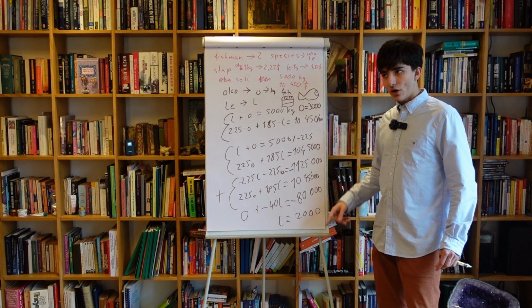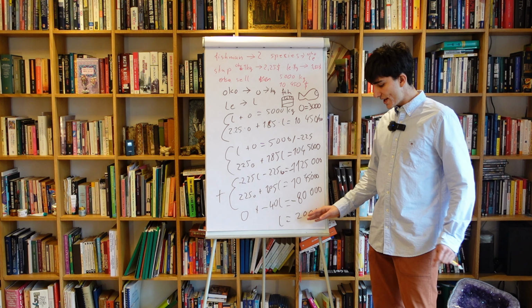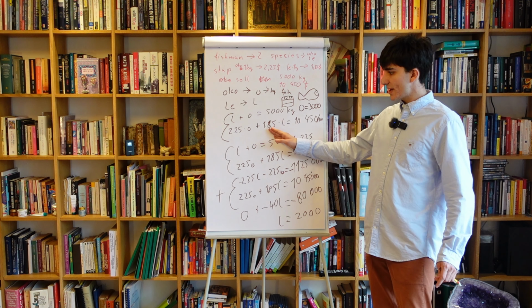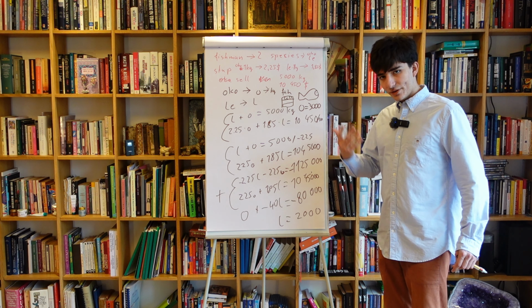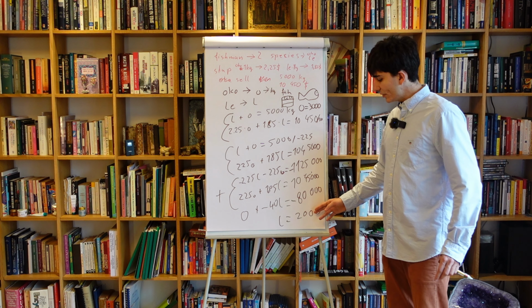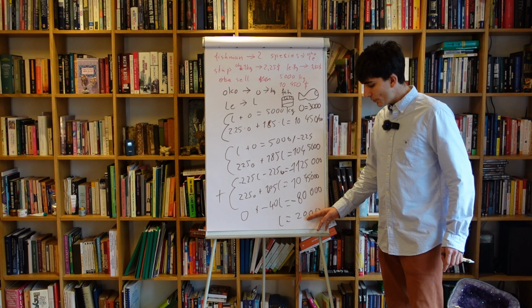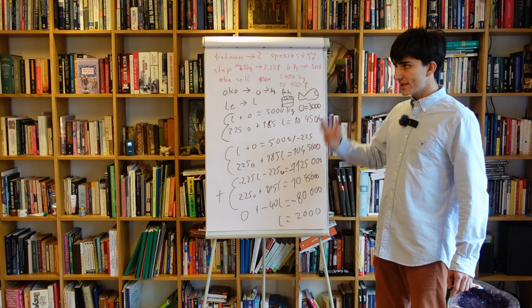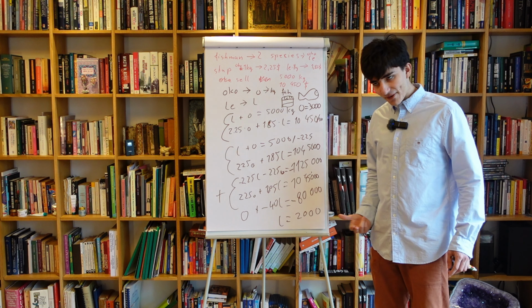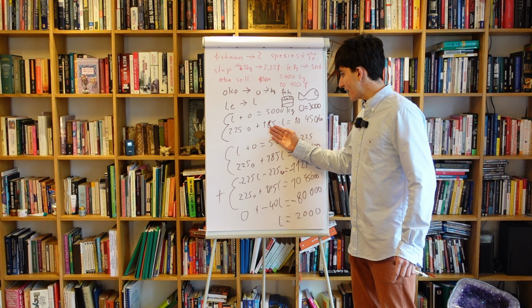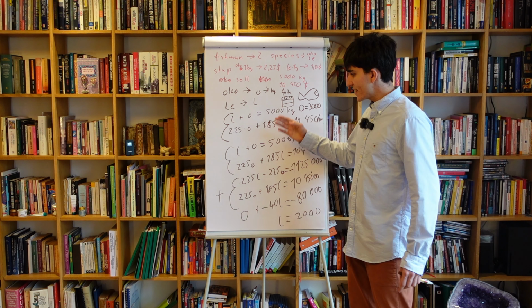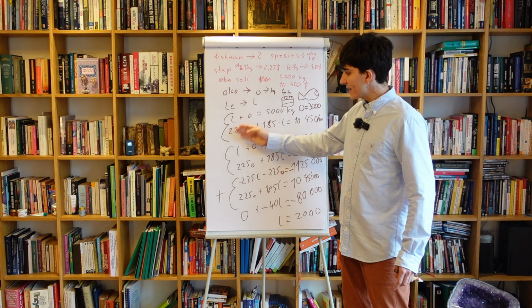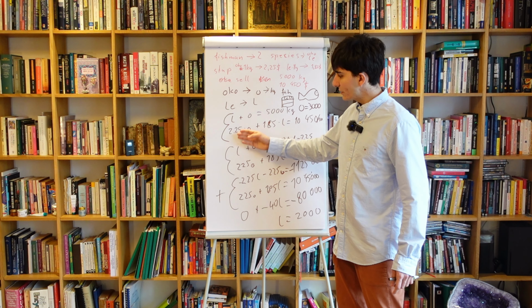200 is 1 over 10, so it's 10%. 200 is 10%, so 10% times 8.5. 8.5 times 200, we will get 1,600, 1,700. 1,700 plus 2,000, 3,700 plus 6,750.